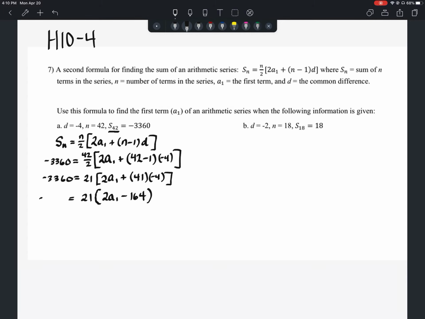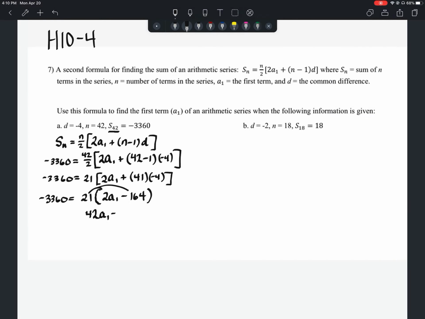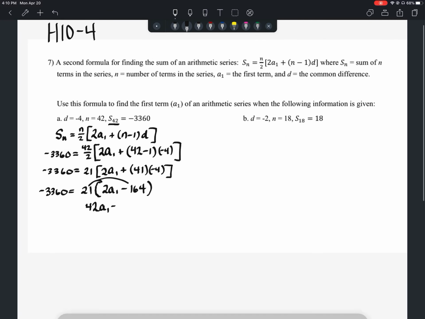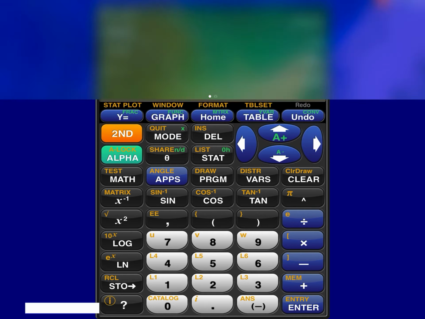And we still have -3,360. So I'm going to distribute my 21 through here. So I have 42 times a sub 1. And then we have minus 21 times 164. So let's see what that would be. And where's my calculator at? So we've got, what did I just say? I forgot what I just said there.